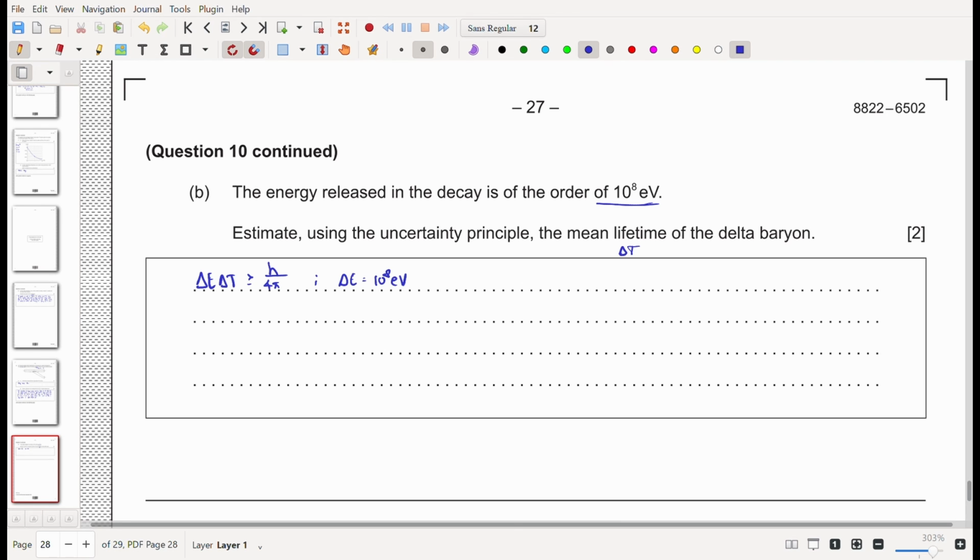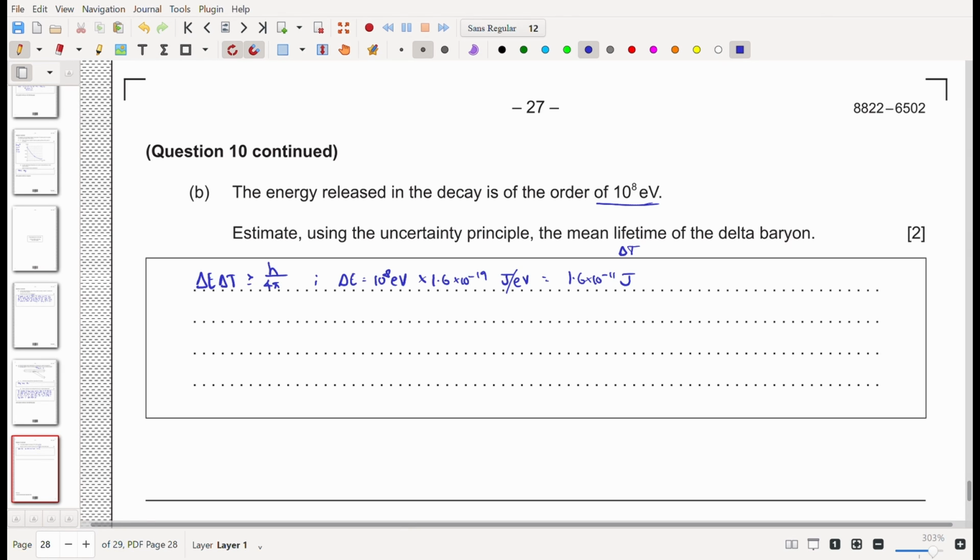But first, we need to convert 10 power 8 electron volts into joules. So 1.6 into 10 power minus 19 joules per electron volt, which is equal to about 1.6 into 10 to the power minus 11 joules.